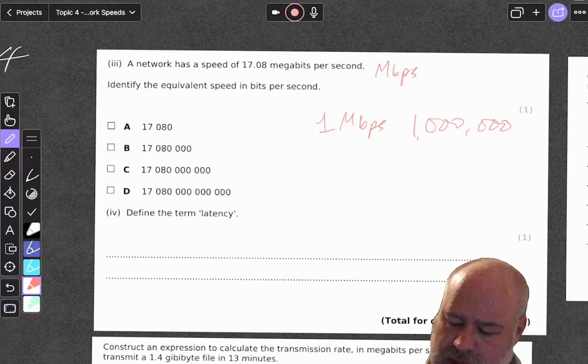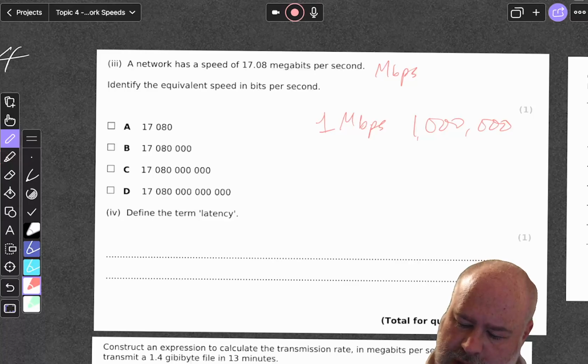You've got to remember these. Mega. So 1 times 17 is going to be this one, isn't it? There's our 6 zeros. 2, 3, 4, 5, 6. And the others, that's a gig. And that would be K, so definitely not that one.